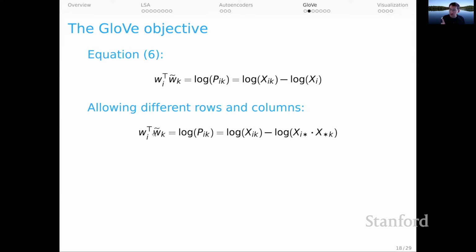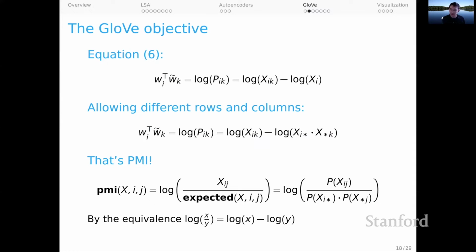But this is where PMI sneaks in, because that simply is the PMI objective. We stated that as the log of the probability of co-occurrence divided by the product of the row and the column probabilities. Here they've just stated exactly that calculation in log space, and these are numerically equivalent by the equivalence of log of x over y being the same as log of x minus log of y. So that's the deep connection that I was highlighting between GloVe and PMI.